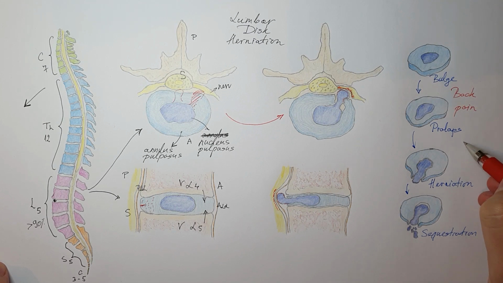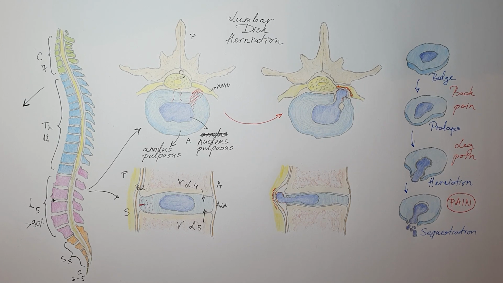So the big problem with this is that most of these patients will have back pain, and most of them will have leg pain. So the big problem, as we can see, is pain. The pain can be in various degrees and cause various degrees of problems and limitations in the patient. The treatment for this is obviously pain medicine, and one important is physical therapy.